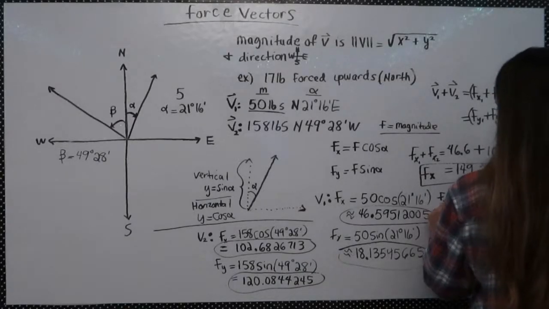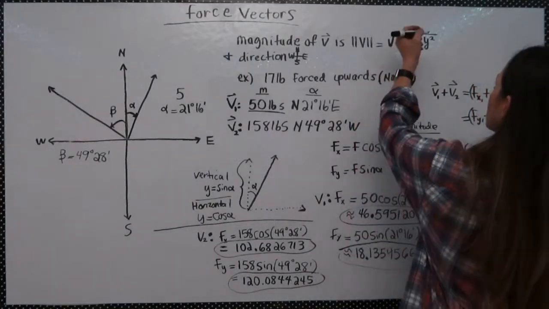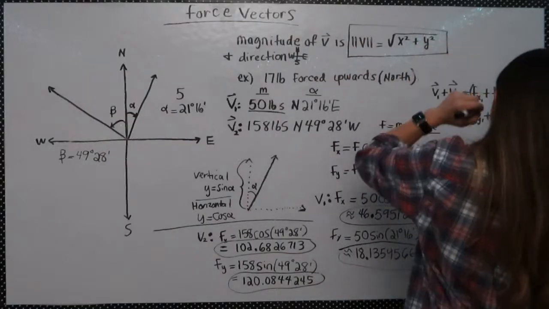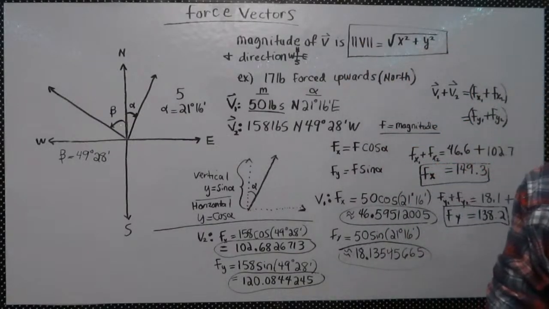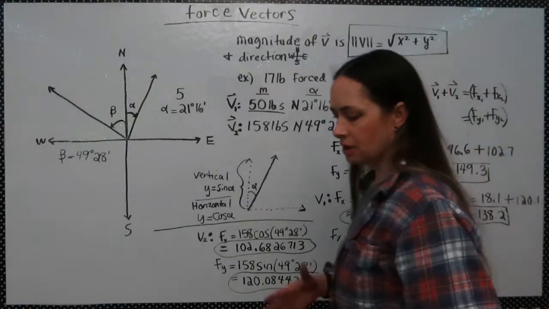All right. And so did I put the magnitude up here? I did. So we're going to use this formula to calculate the magnitude. And this is how you do it if you don't have measurements.